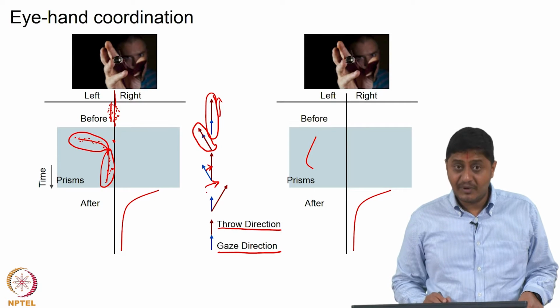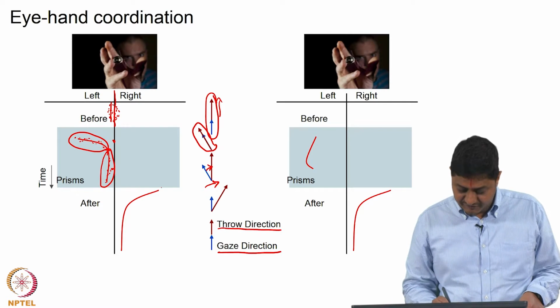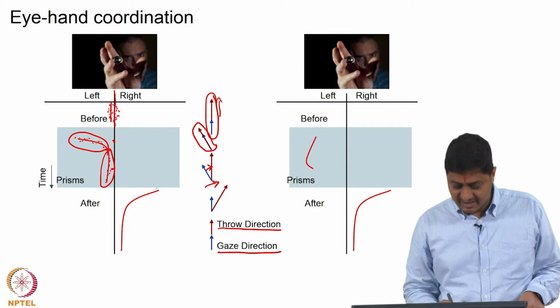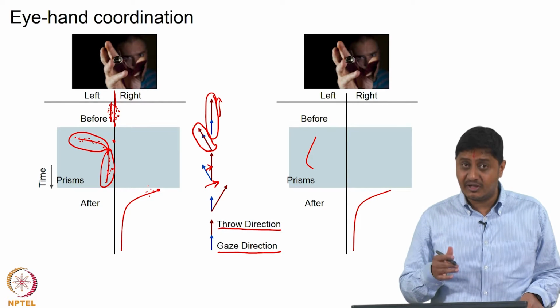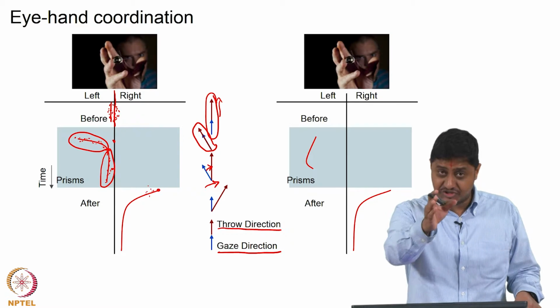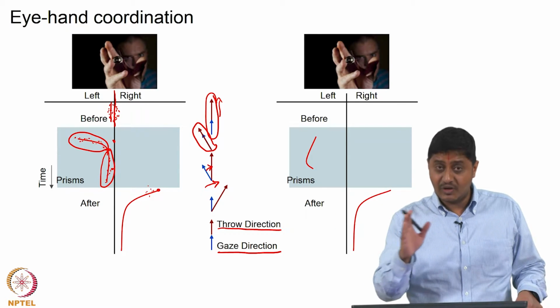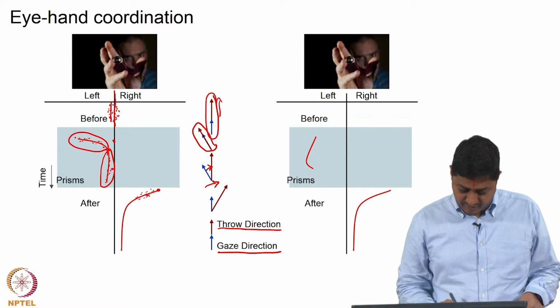But people have already learned to throw to the right of the gaze, which is why the first response immediately after removal of the glass is here, and then the next few responses are here. After some time people learn: I am throwing to the right of the target, I am seeing straight and throwing to the right, now I must throw along where I am seeing.